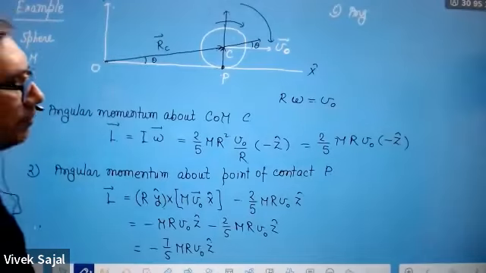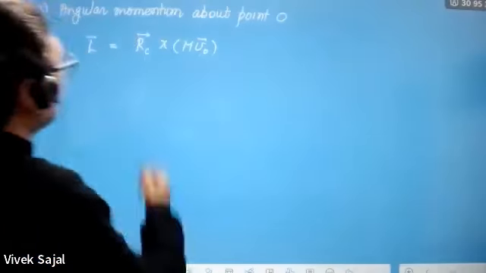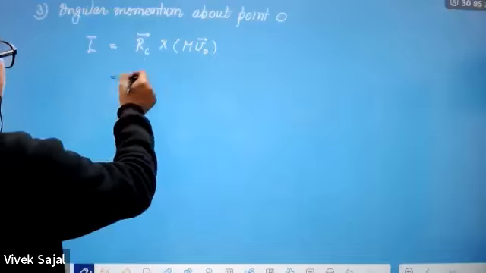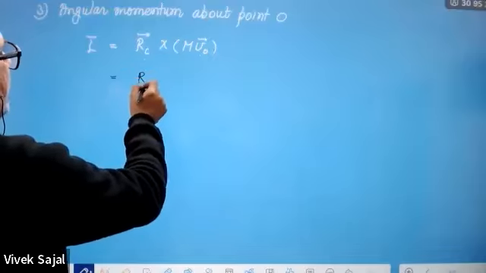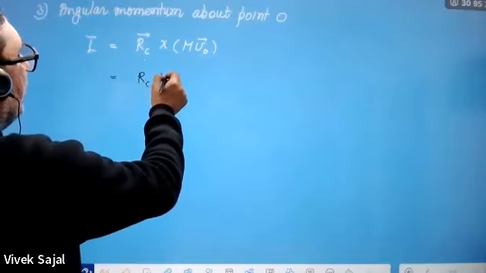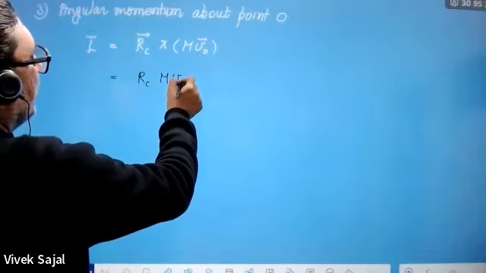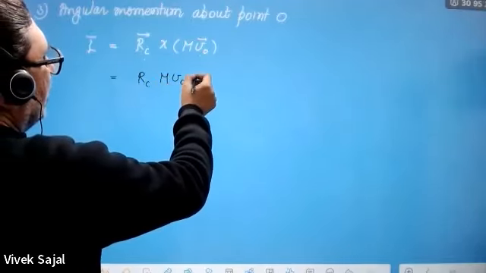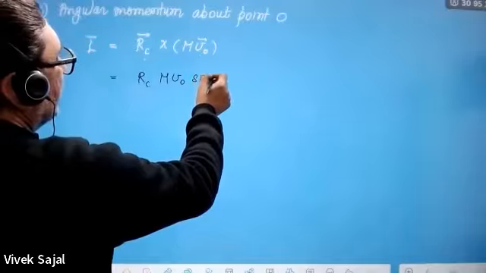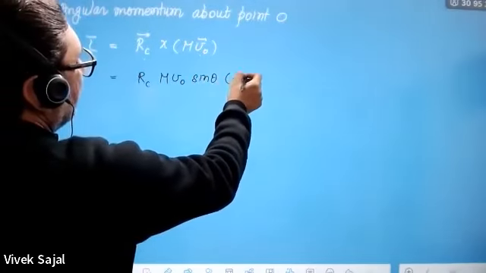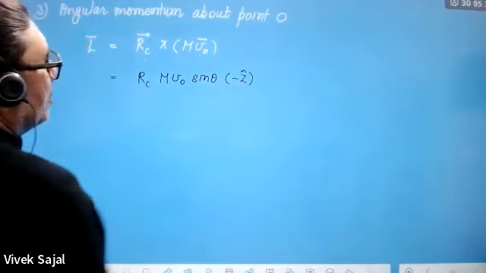So the first term will be RC M V naught sine theta, and the direction will be minus z cap.